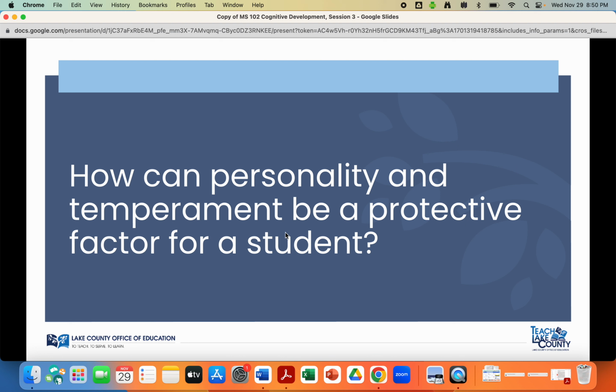Another waterfall part: how can personality and temperament be a protective factor for a student? So this is where we can kind of talk about things like fight or flight response, how some students might be surly if they think that somebody's going to hurt them, how some students might cower if someone is bullying them, things like that.